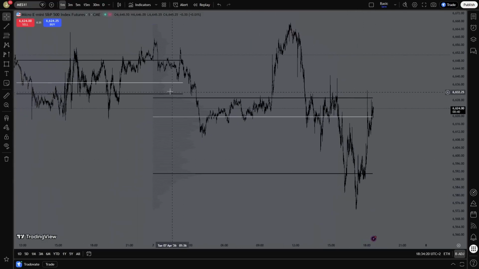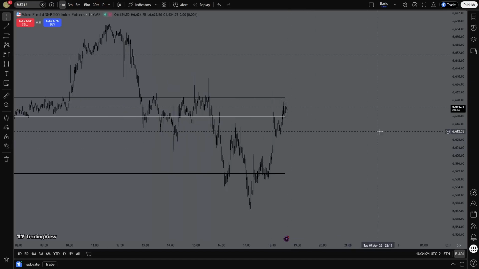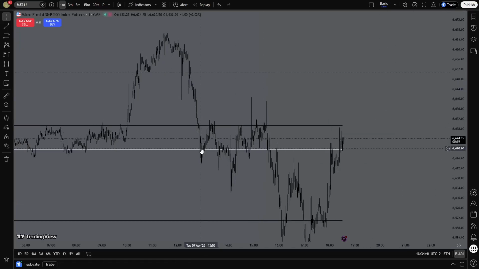Or, if you would see a trade that looks better on the weekly profile, so if we are here and the weekly would for example be this would be area low and this would be area high, you can just see we are in a daily POC.